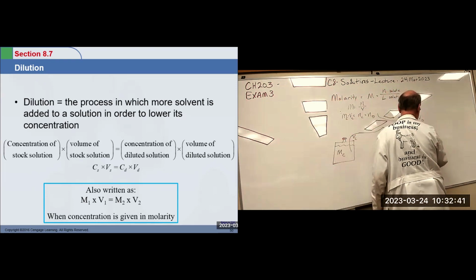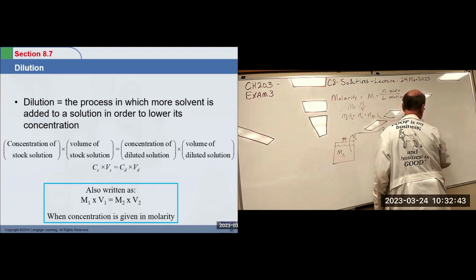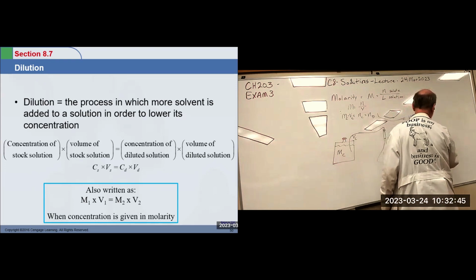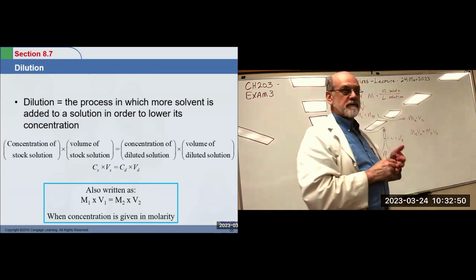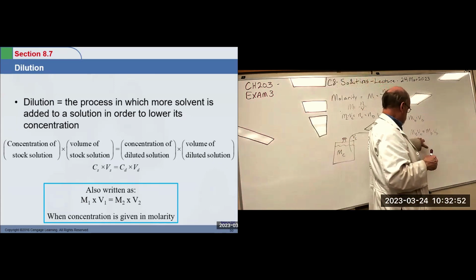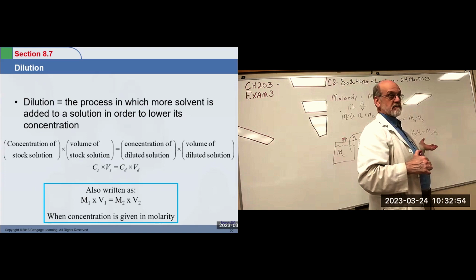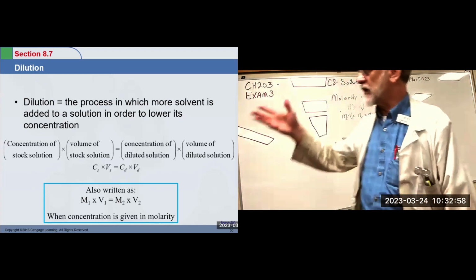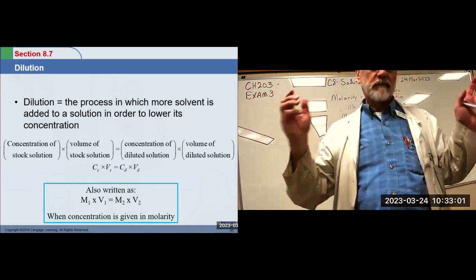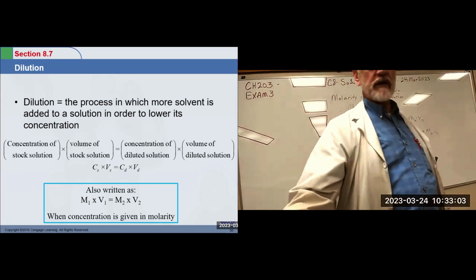So the concentrated expression is equal to the diluted expression. And that's how we do dilutions. One of these will be unknown and you can solve for it. Sometimes you'll see the expression M1V1 equals M2V2. Six of one, half a dozen of the other.